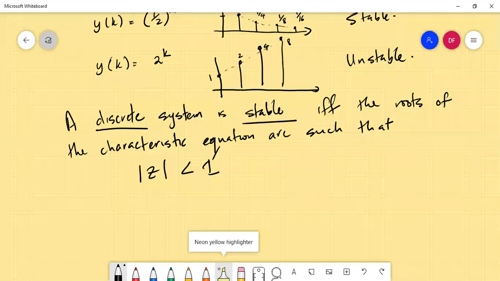I want to make a distinction. The condition for stability in a discrete system is different than the conditions for stability in a continuous system.